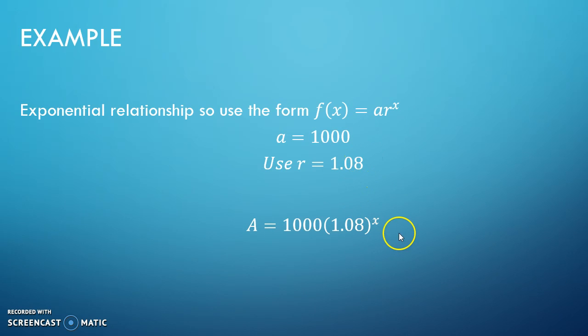So we put that into our exponential equation. The amount, y, equals 1000 times 1.08 to the power of x, where x is the number of years.